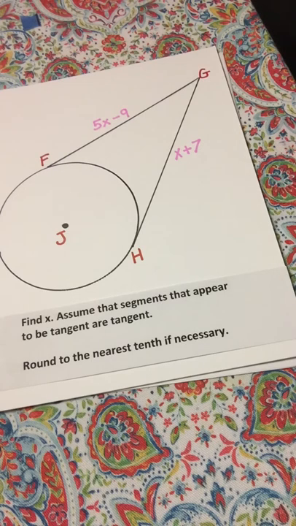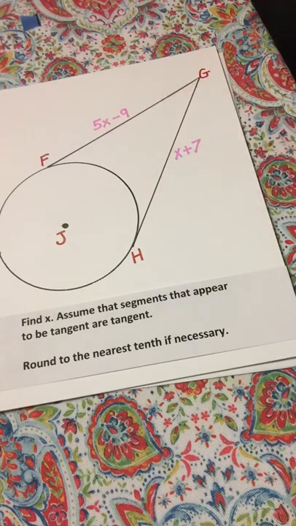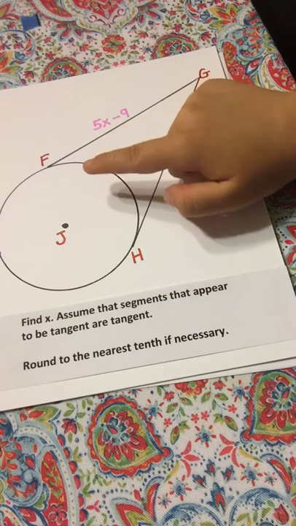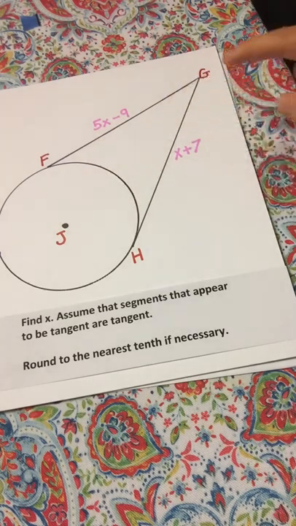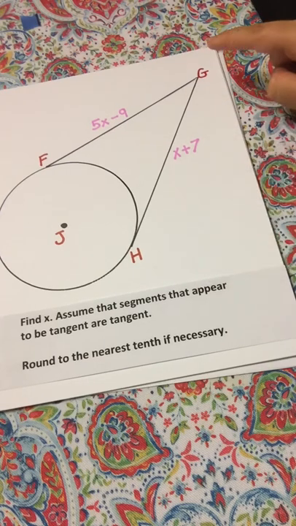Because of this, we're going to define HG as a tangent line. With similar reasoning, GF is also a tangent line. F is the point where the tangent line FG intersects our circle, while H is the point where the tangent line GH intersects our circle.